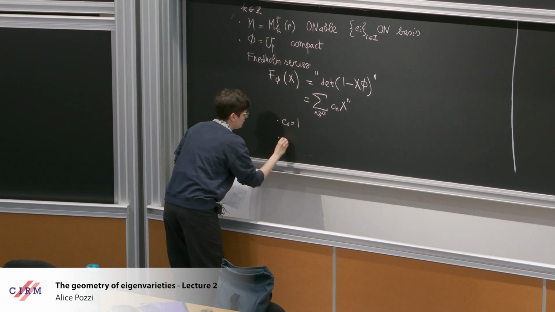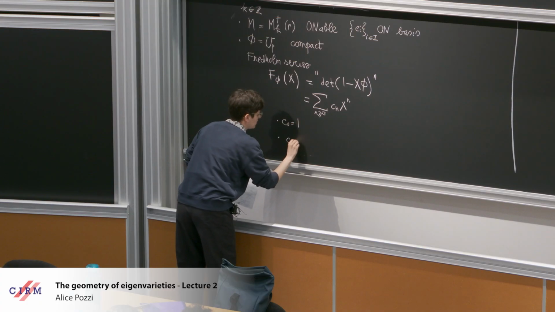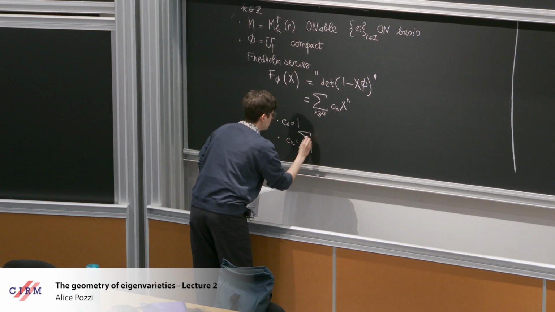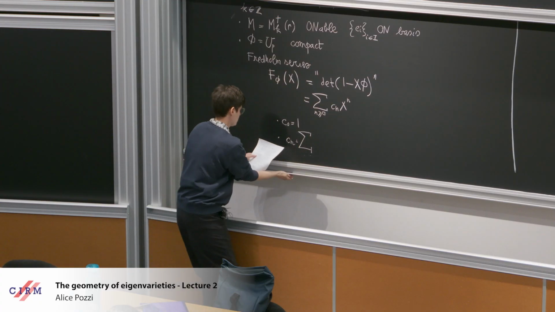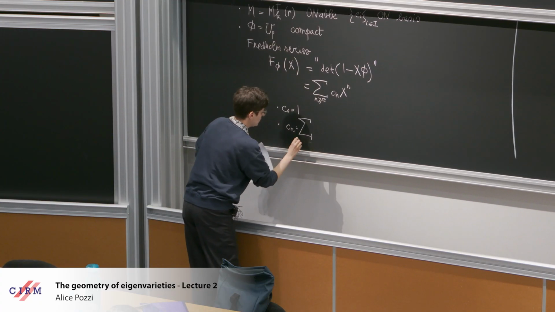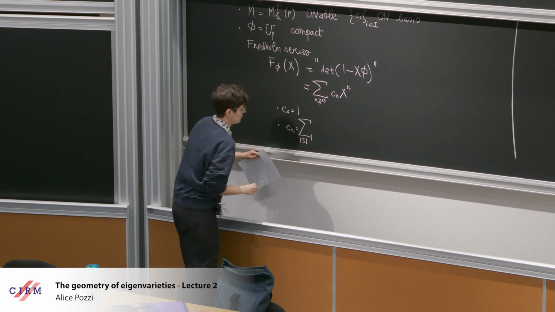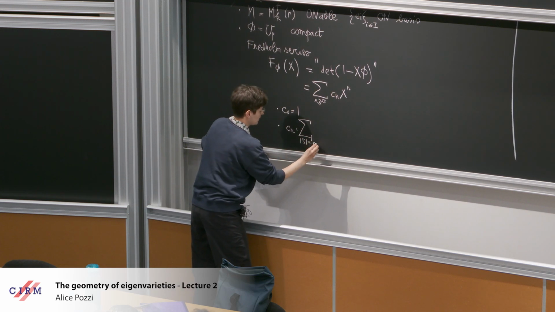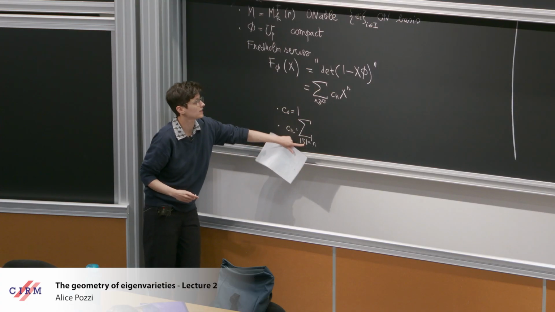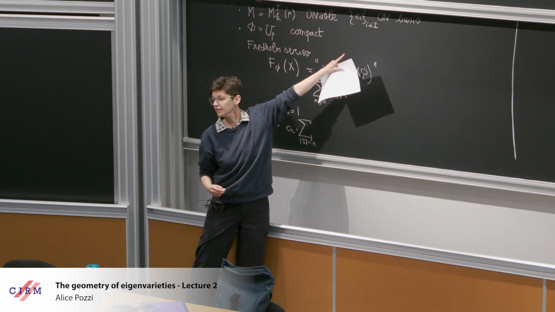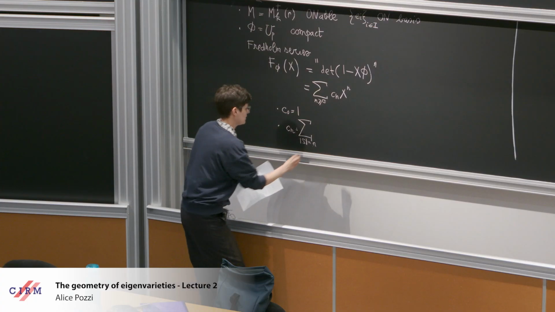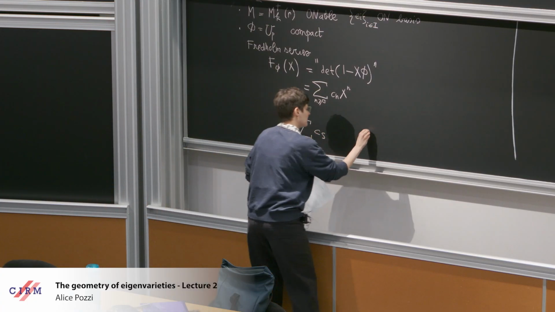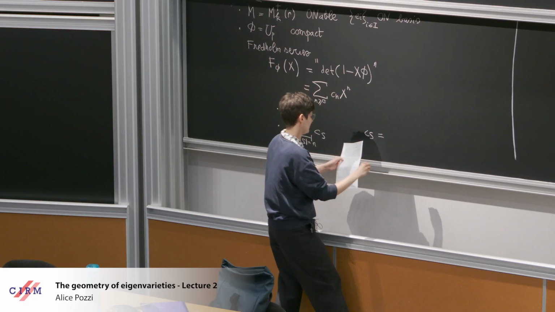And the coefficients Cn are going to be given by a series as well, which runs over the subsets S of I, the index set of my orthonormal basis, of C_S. And now I'm going to tell you what C_S is.